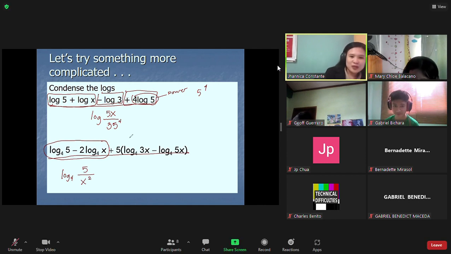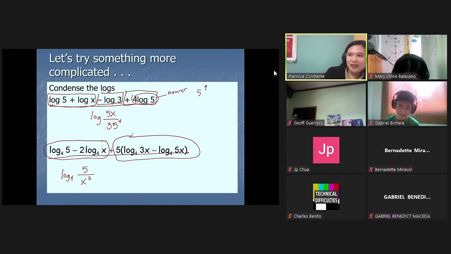So let's proceed with this one. We have 5 times the quantity of the logarithmic 4, 3x minus the logarithmic 4, 5x. Let's start with the terms that are inside of our parentheses, which is logarithmic 4, 3x minus logarithmic 4, 5x.